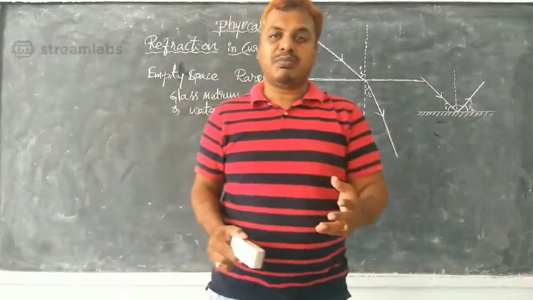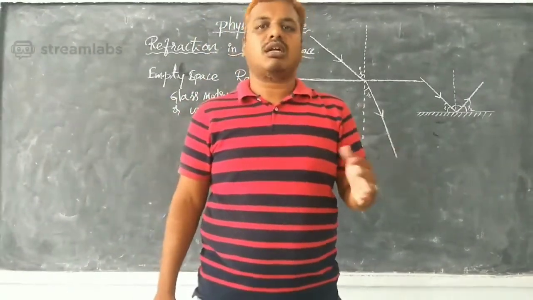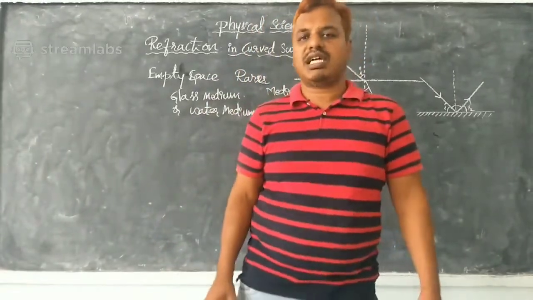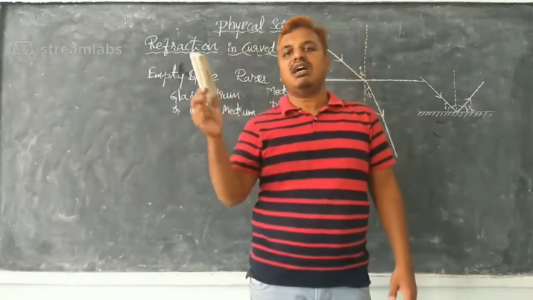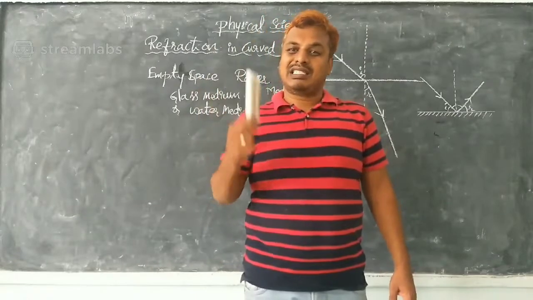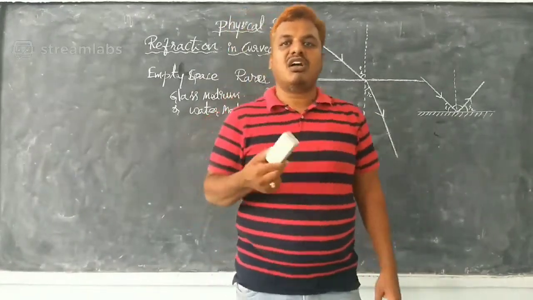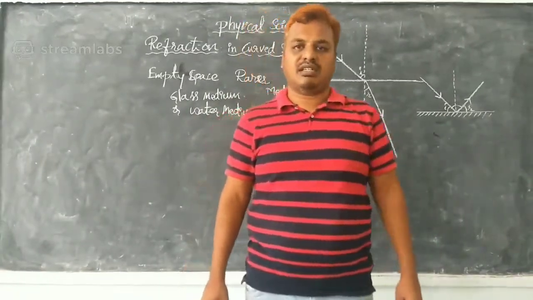But through the air medium, you will see the object as it is, because there is not much disturbance caused to the light rays. In the other media the light rays get disturbed, that is why the object is not seen as it is. It looks a little different.